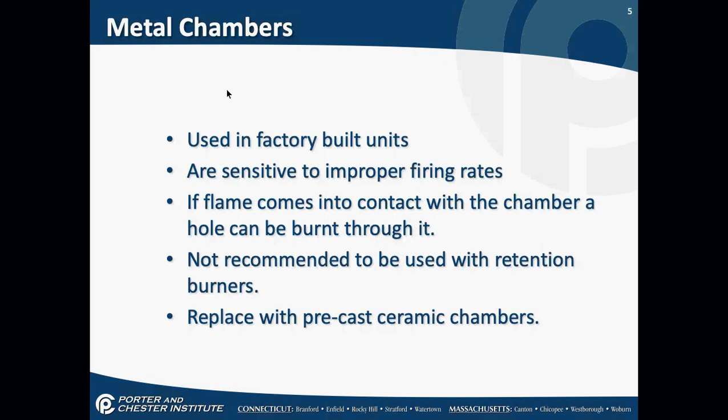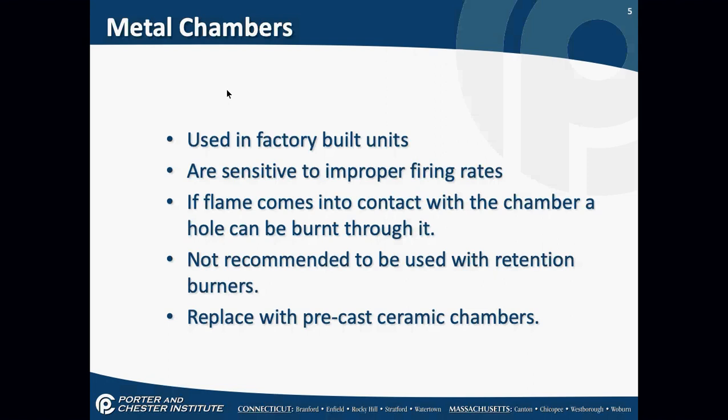If the flame comes in contact with the chamber wall, a hole can actually be burned through the chamber, because oil flame constantly hitting a metal chamber wall will weaken the metal and burn a hole right through it. They're not recommended to be used with the modern retention burners. Basically, that's a burner that has a retention head on the end of it. Well, guess what? Most of our modern burners have that.